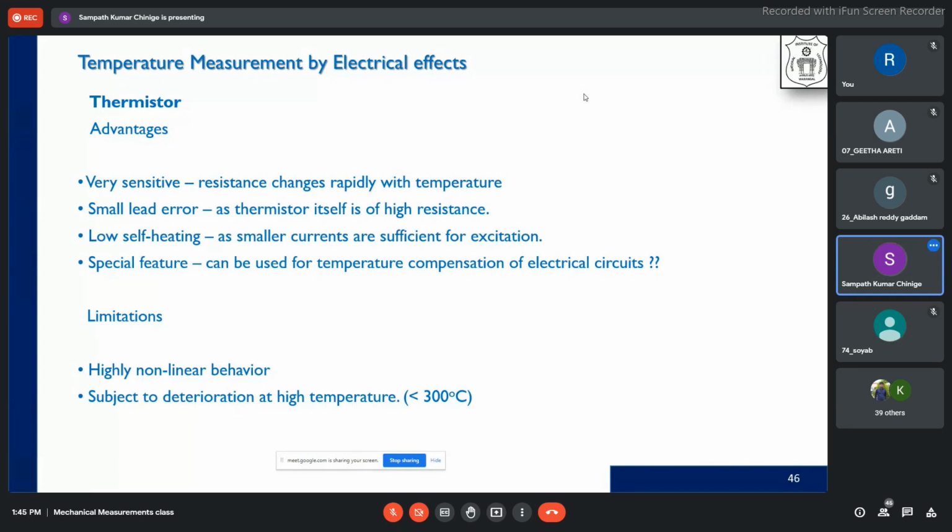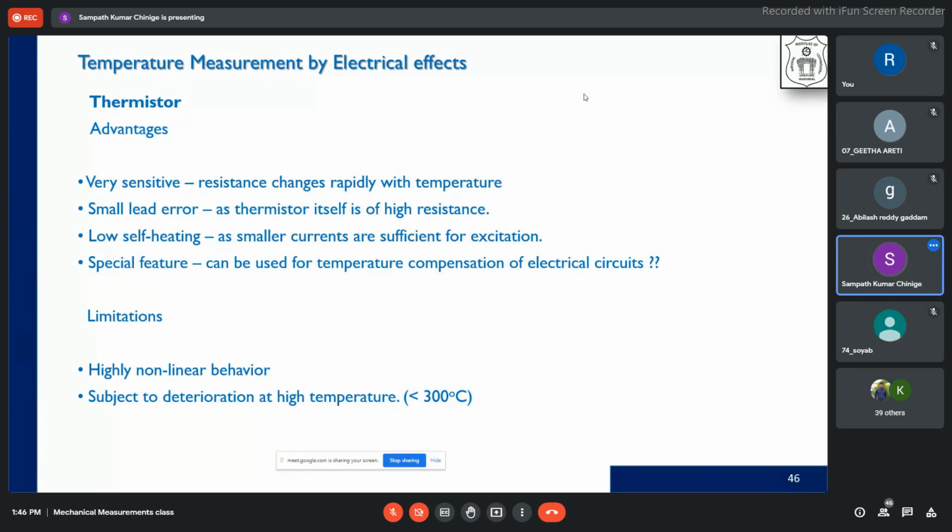They don't tend to heat up very highly, because they get excited with very small amounts of current. It doesn't require huge currents to excite them. Therefore, the self-heating value is lower for thermistors.